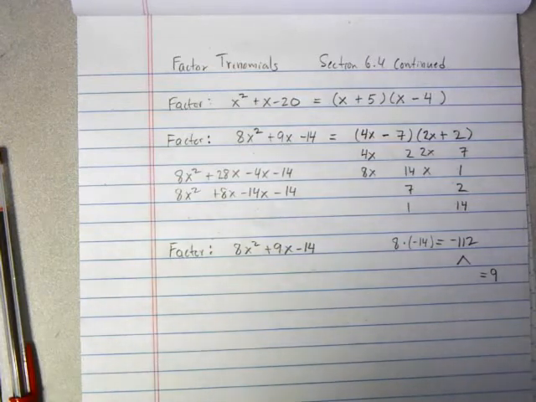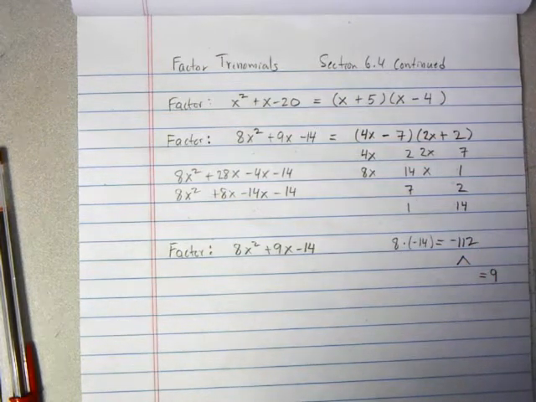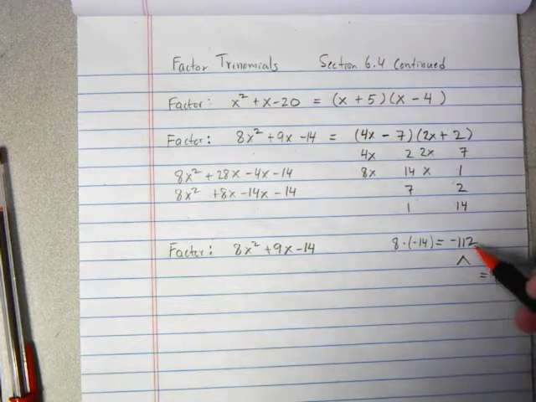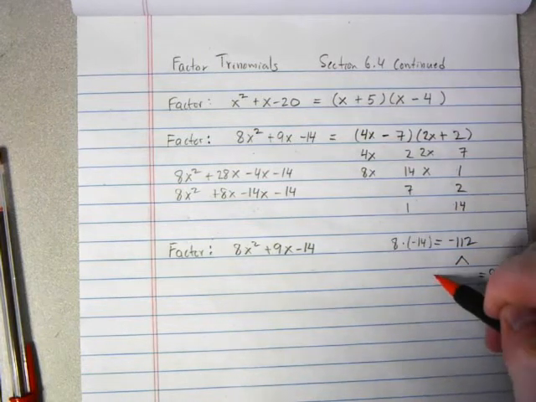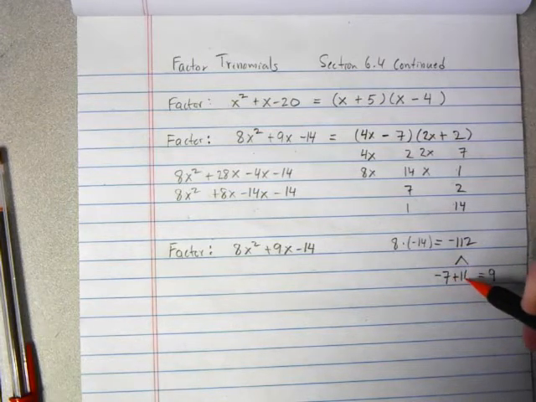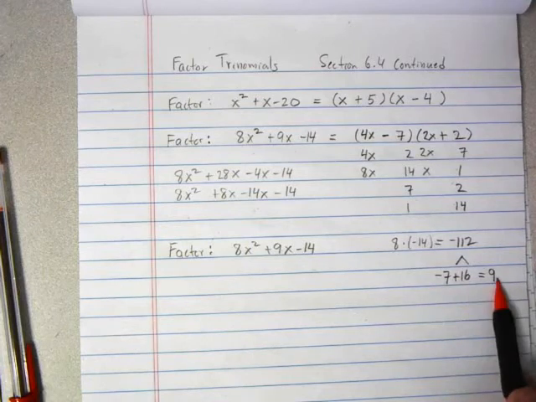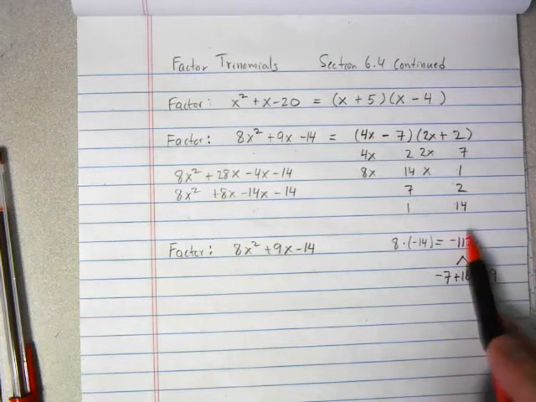Alright, so I spend a little time with my calculator. Now, a lot of times the number is not going to be as big as 112, so it's not going to be this hard. But I noticed if I took 112 and divided it by 7, I got 16. So I'm going to use a negative 7 and a positive 16. Negative 7 and 16 add up to be 9, and negative 7 times 16 is negative 112.